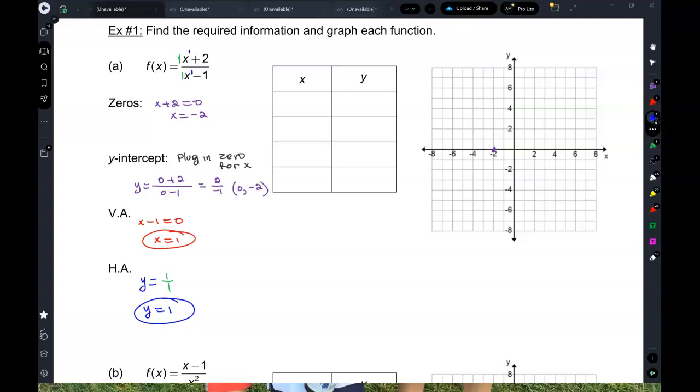All right, so let's plot what we have so far. X equals -2. The y-intercept is 0 and -2, right? That's the y-intercept. X equals 1 is the vertical asymptote. Here's where you have to be super careful, right? X equals 1. So here's what I do. Go to x equals 1. That's right there.